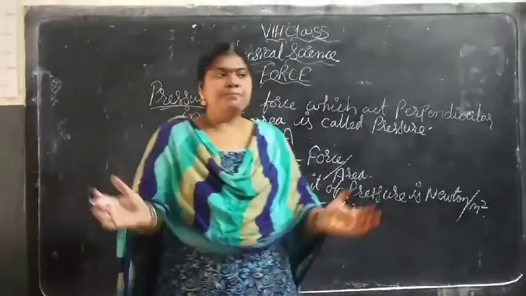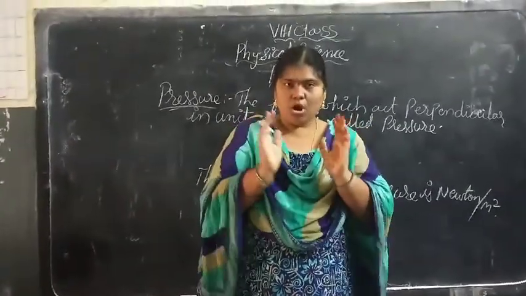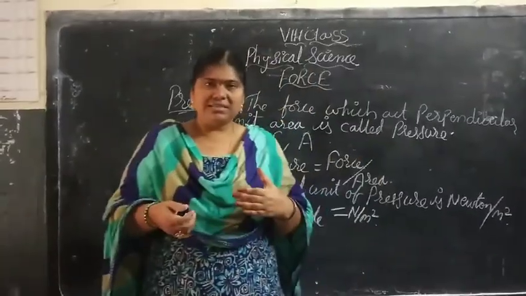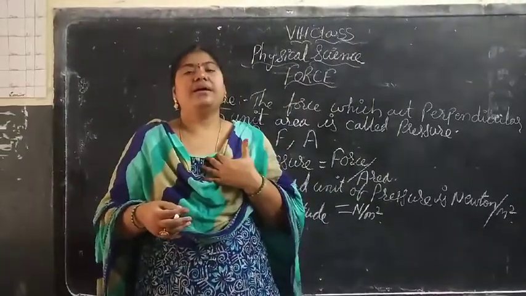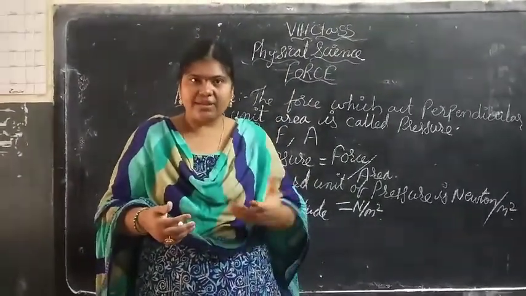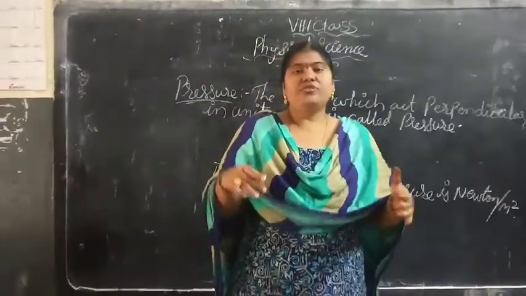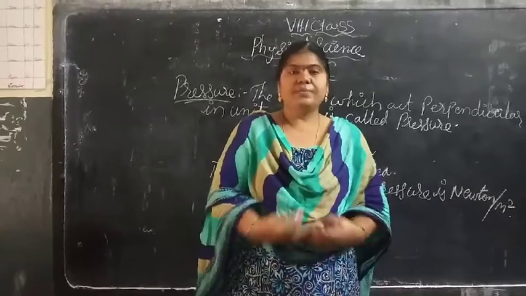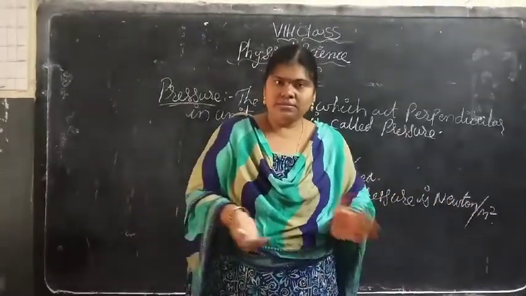That depends upon the weight of the object. If the weight of the object is less, whatever force I am applying will be less. If the weight of the object is more, the pressure applied by me will be more. So the pressure will be applied in all the directions.